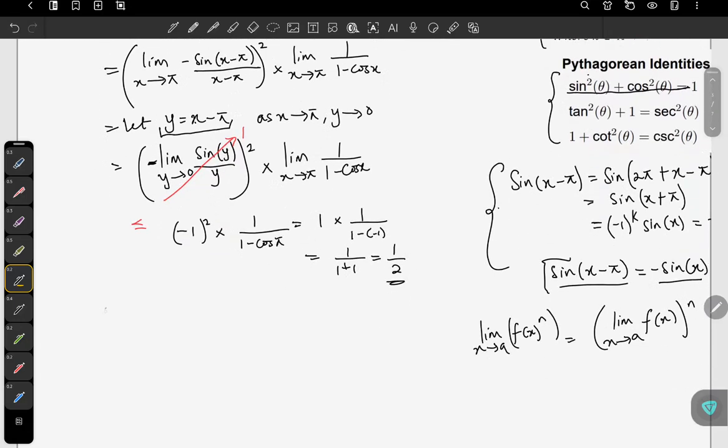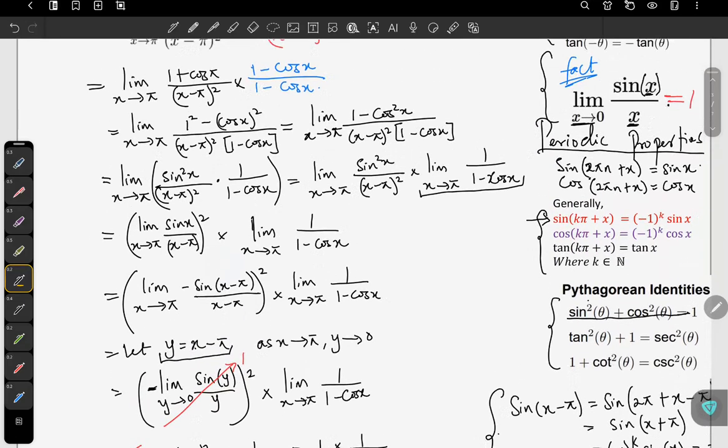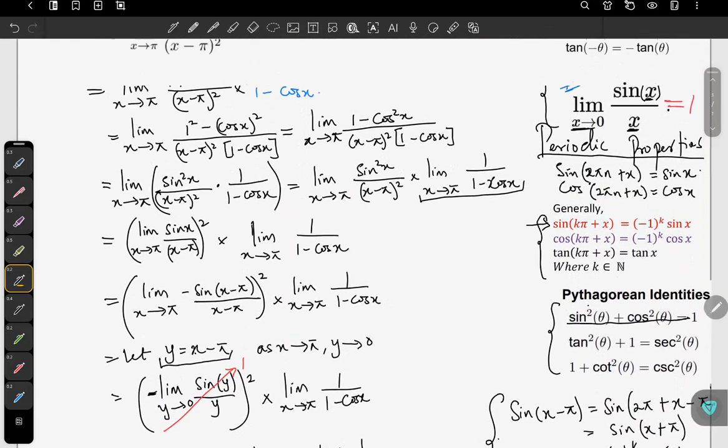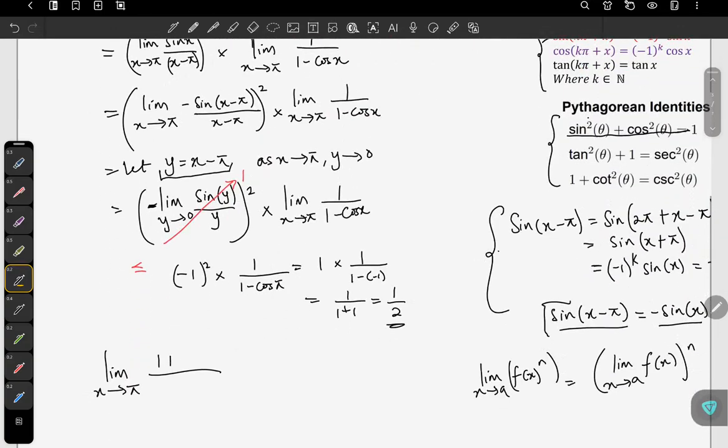In other words, the limit as x approaches pi of 1 plus cos x over x minus pi squared is equal to 1 over 2. And that is the answer to the limit problem without using L'Hopital's rule.